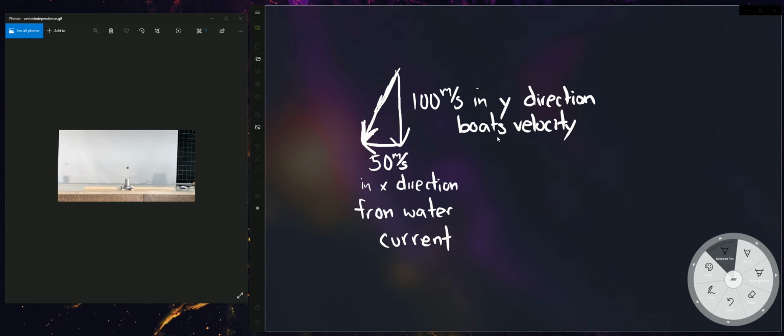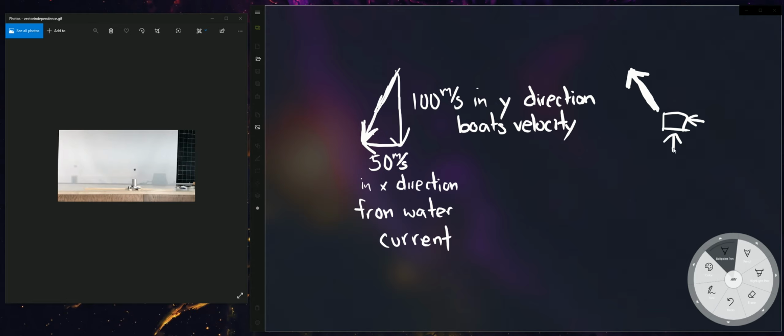Similarly, if you don't really understand this, let's say you're pushing a table. Someone is pushing this way, and another person is pushing this way. Which direction is the table going to go? The table is going to go this way. That's the direction of the table. That's what's happening right here.